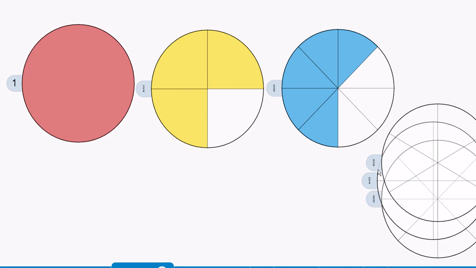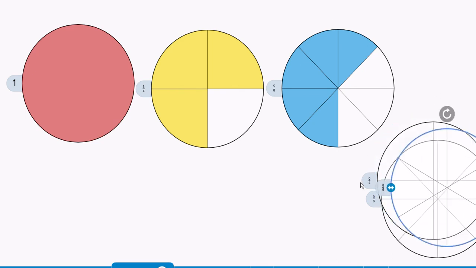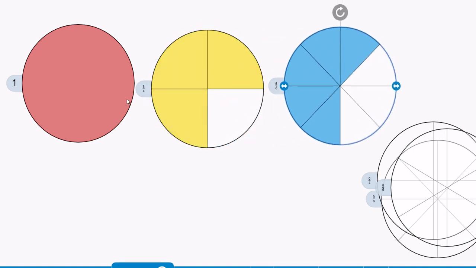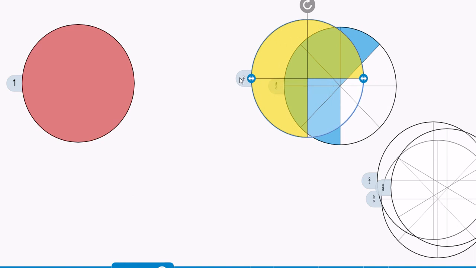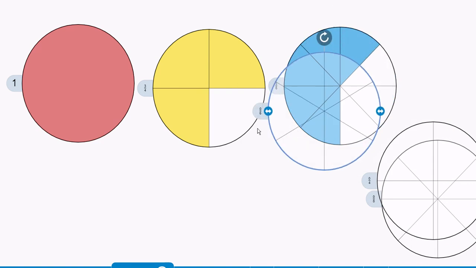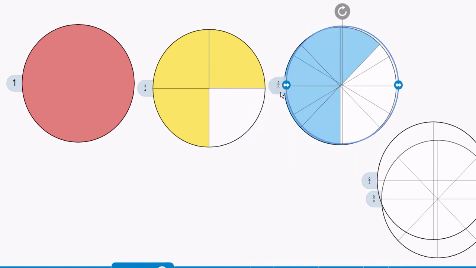Now if we look at an area model, this is our 1/2, this is our 3/4, and this is our 5/8. Now how can we figure out, can 6 be our common denominator?